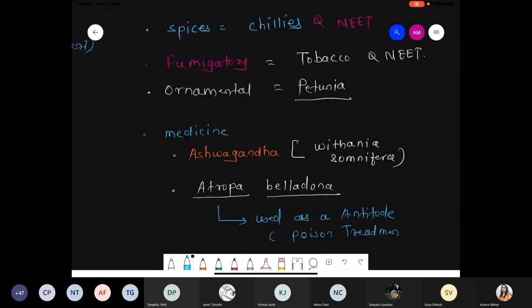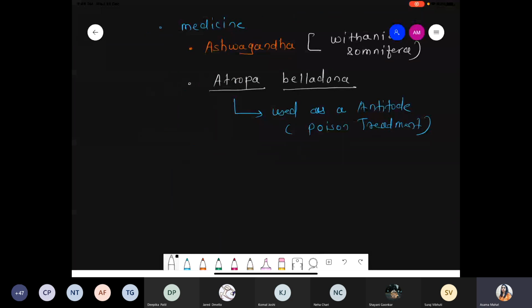That's it. Okay. Again for this you have to use photo memory because these are very simple, straightforward questions, and economic importance is also important. Last point, Liliaceae family. Under the Liliaceae family, obviously lily is the example.